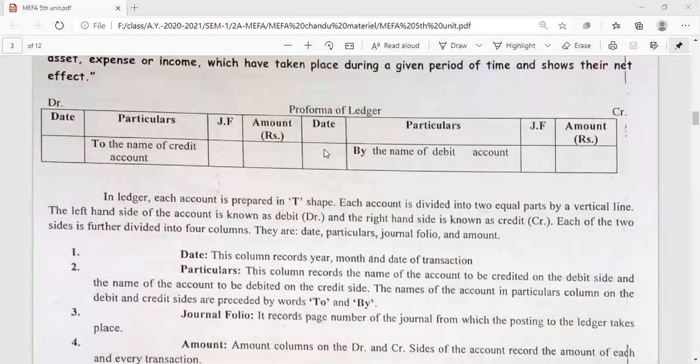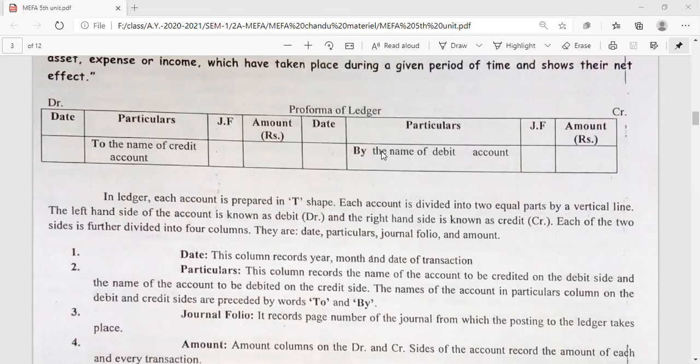Next, on the same date, this is the credit side. That means in the ledger book you have to write by the name of the debited account. So what is the account? The person account, I have said now, Gopal account, right?